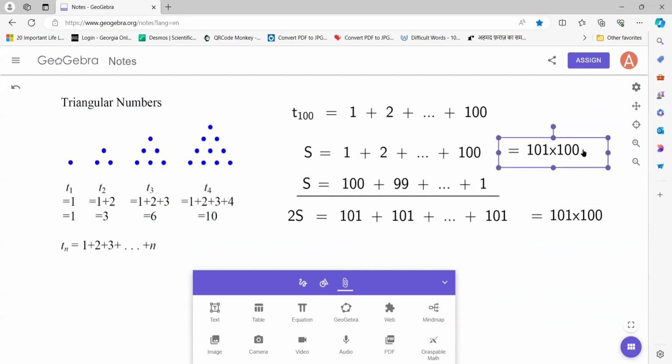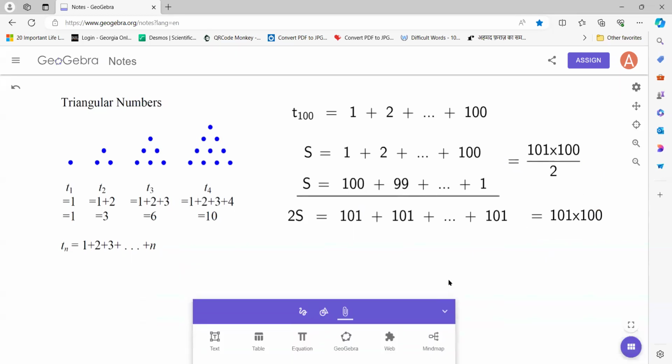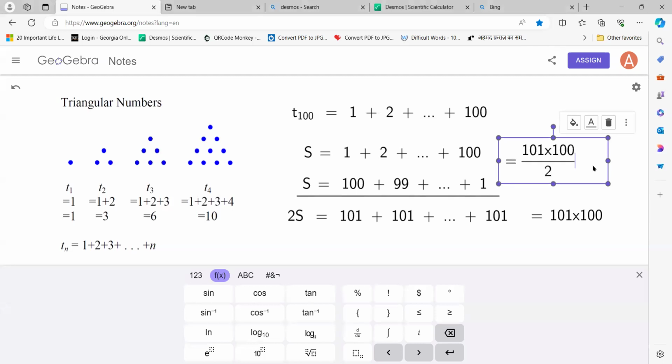S is exactly what I'm looking for. It's going to be half of this, so it's going to be 50 times 101. 100 divided by 2 is 50. 50 times 101, and that turns out to be 5050.